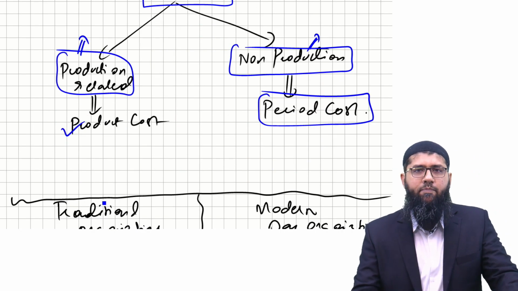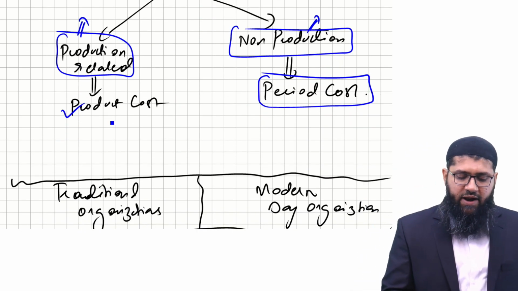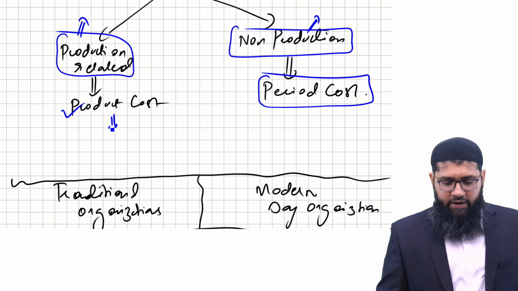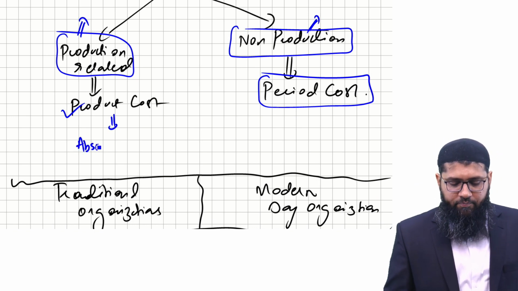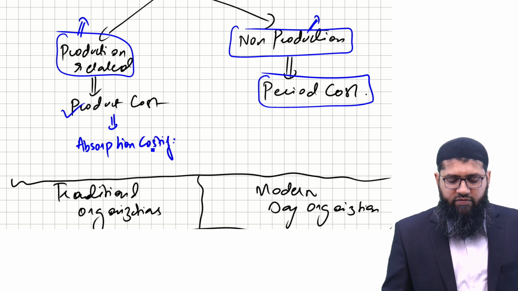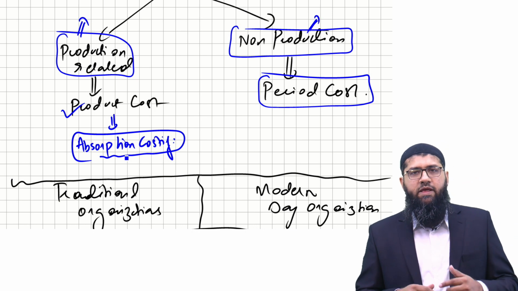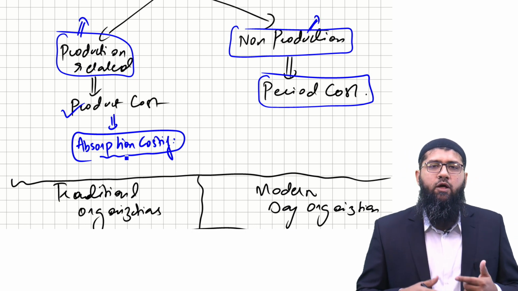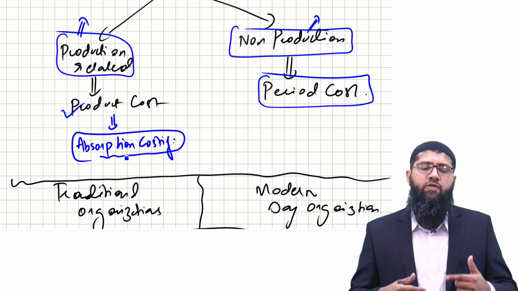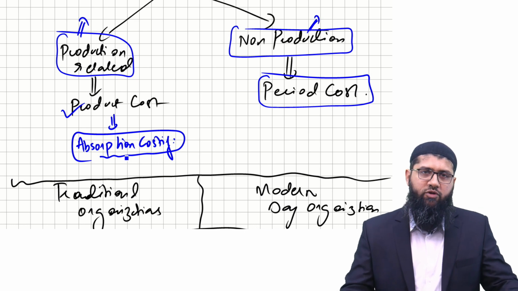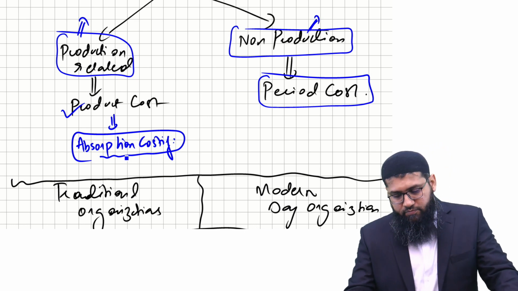Traditionally, organizations have been adopting absorption costing. With absorption costing, organizations have been absorbing the overheads as part and parcel of the cost of the product using absorption costing principles.